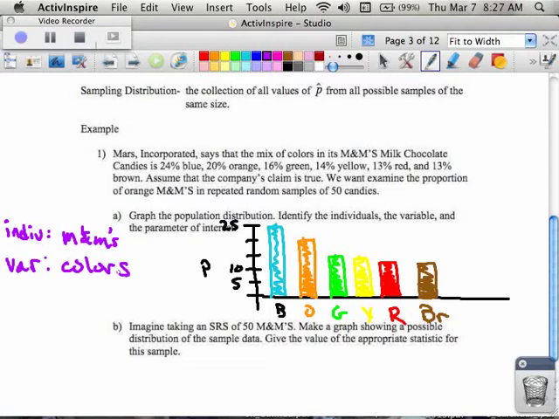And then the last thing that I wanted was the parameter. We were looking for the proportion of orange M&Ms.